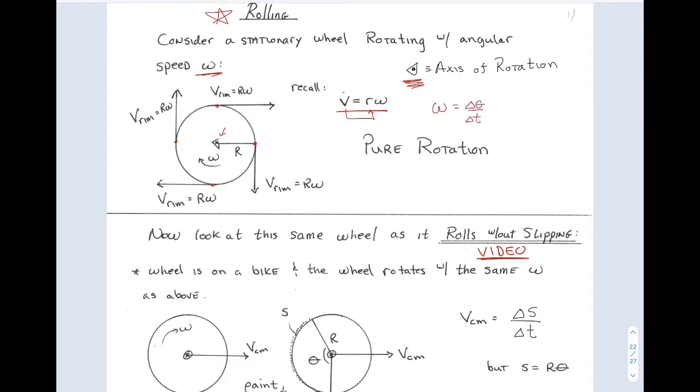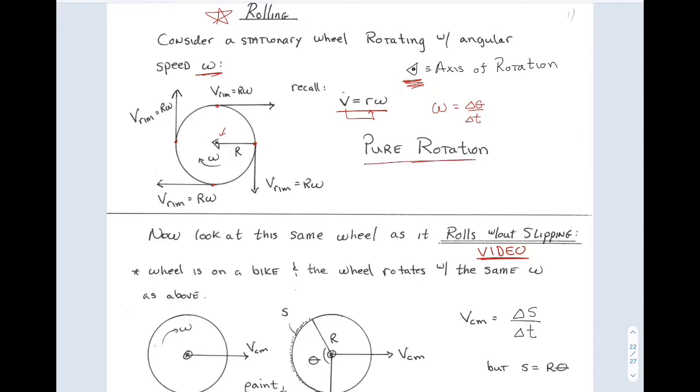Both point A and point B go the same delta theta, 2 pi radians, in the same time. So there isn't an omega for A and an omega for B. There's just one omega for the entire wheel.